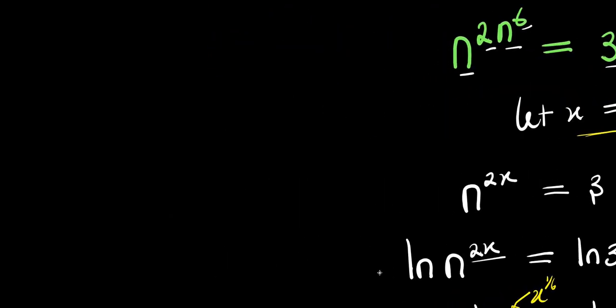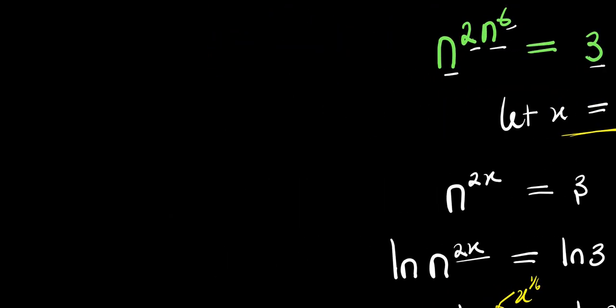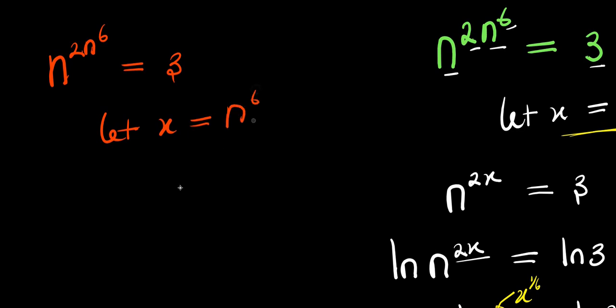Let's consider another method without the use of natural log. N power 2 times n power 6 equals 3. I can say let x equals n power 6. So we have n power 2x equals 3. That means this represents what?